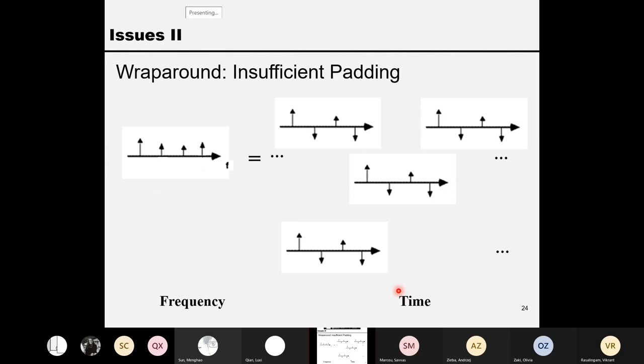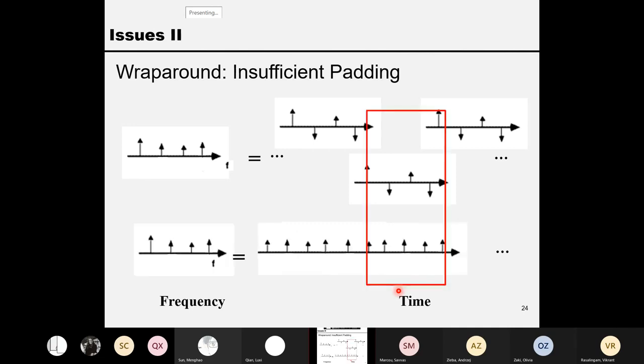If you didn't do enough zero padding, what happens? As I said, the Fourier transform is a function of sines and cosines, so they are periodical. In the first session, we said the Fourier transform is basically a sum of sine and cosine functions.